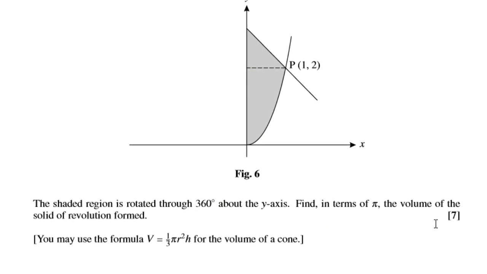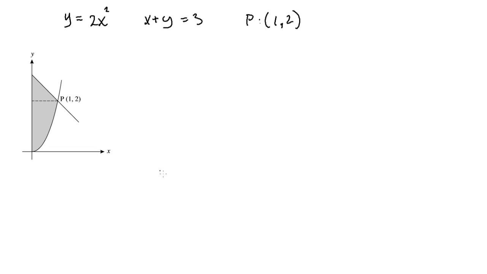The important thing to note here is that there are two different regions that you need to do the volume of revolution on. For the top bit, it is a simple cone, which means we can use the equation given, a third pi r squared h. This is the general formula for a circular cone shape.